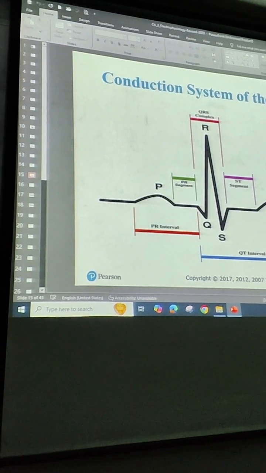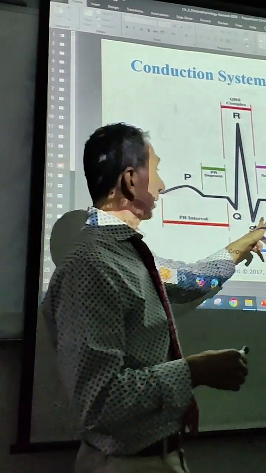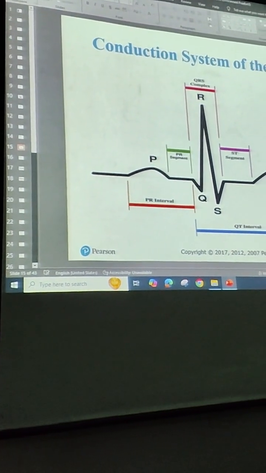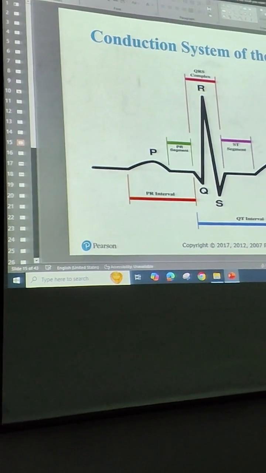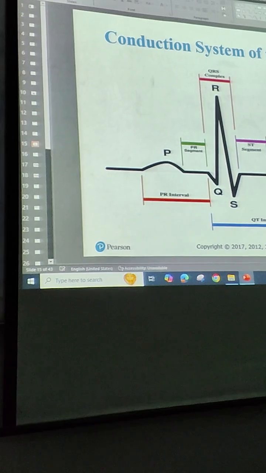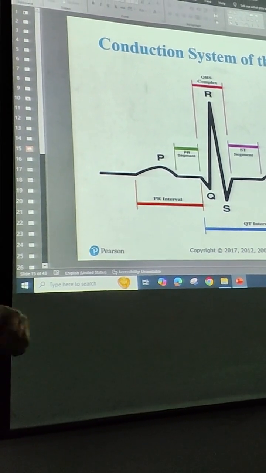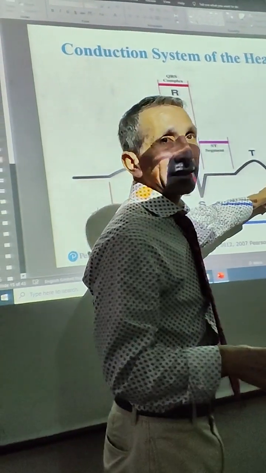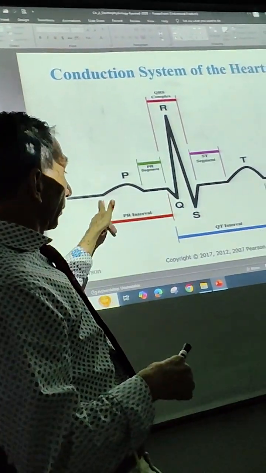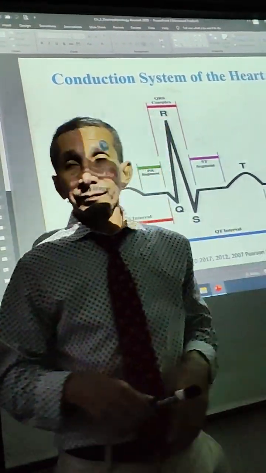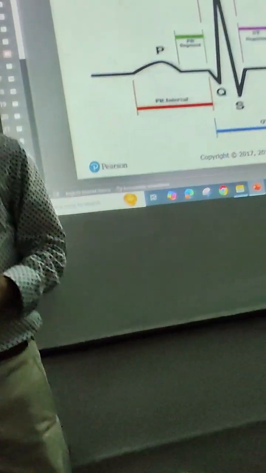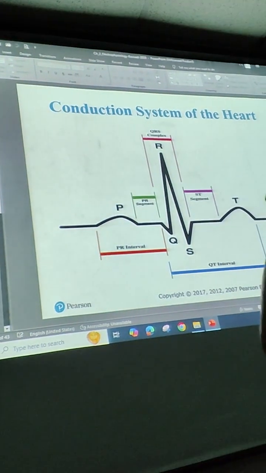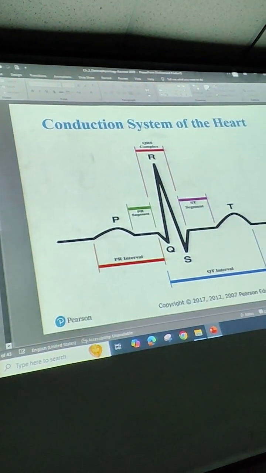The same goes for the ST interval as well. But no worries for that because usually that is not us. So why do they call it QT? No, QT, yeah, I'm talking about ST. What does the ST segment stand for?